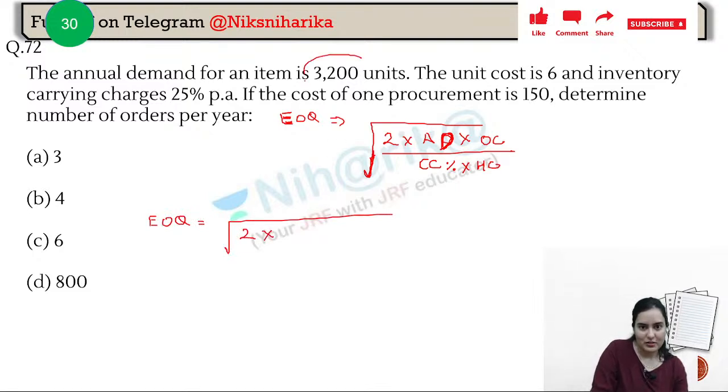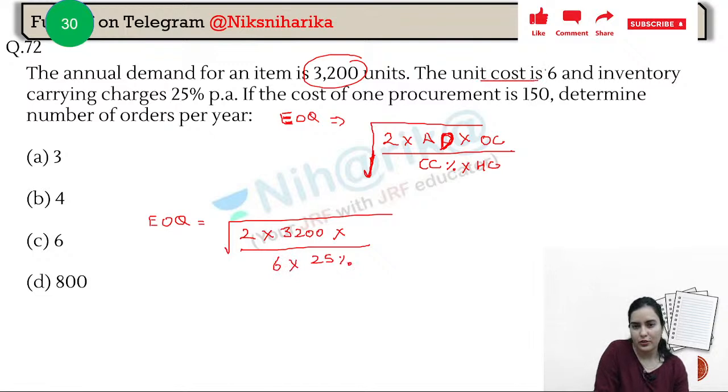What is the annual demand? 3200. What is the ordering cost? Let's see. The inventory carrying charge CC percentage is 25%, and the unit cost, that means the holding cost, is given as 6.